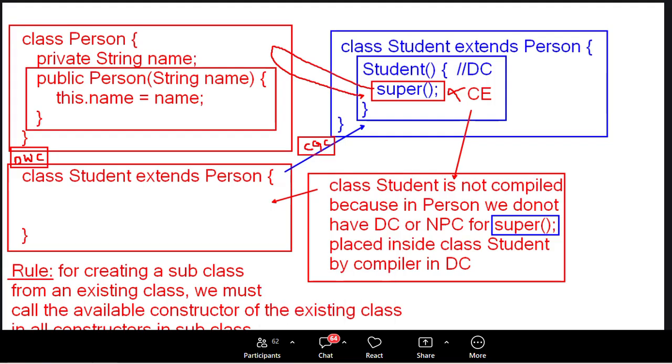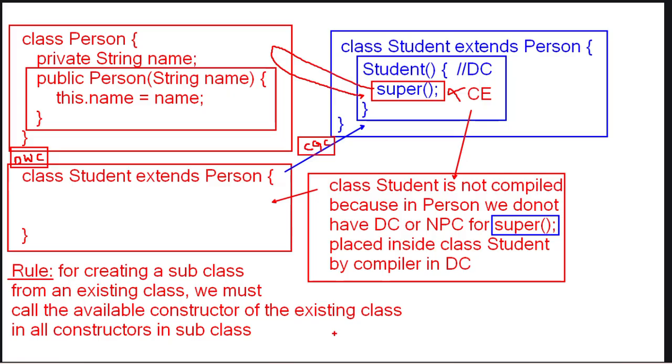If the no-param constructor is not available in the superclass, you must call the existing constructor. If it is parameterized, you must call it explicitly. Otherwise, the compiler throws an error.